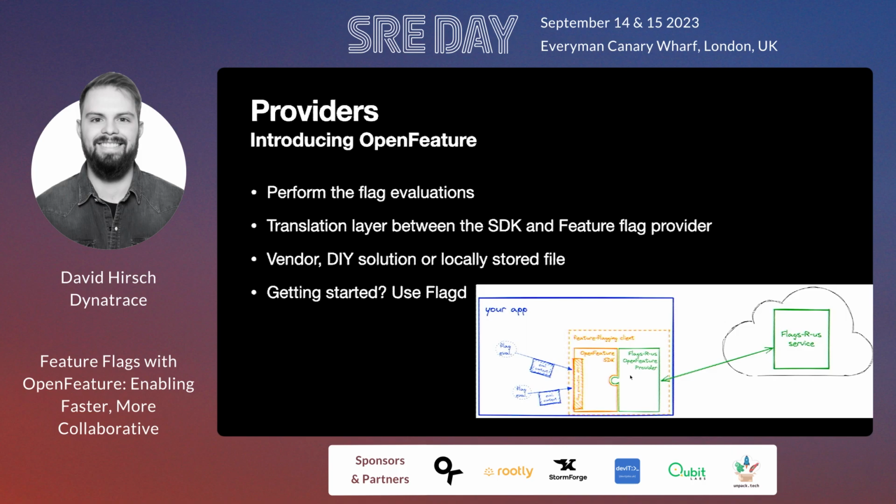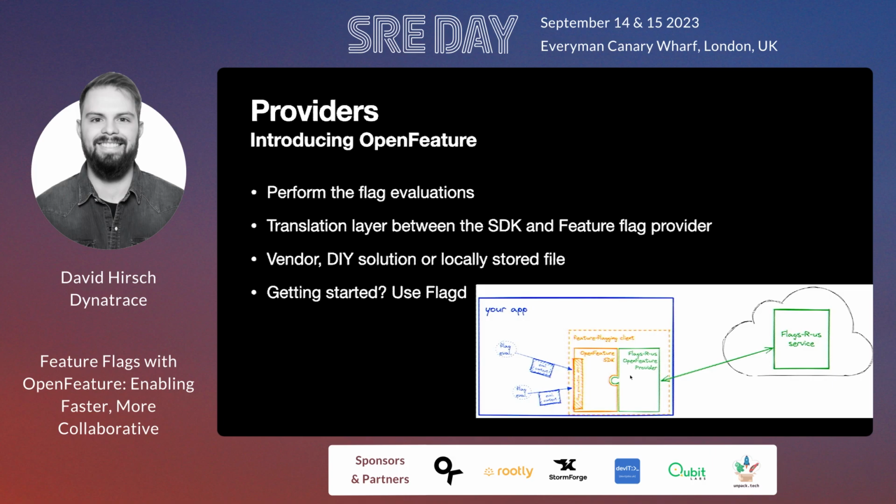You'll have one for each and every language, and also for each vendor. If you're planning on writing one for your own DIY solution, you can do this. That's what our specification is for. It provides you all the details. And you can simply add it in there and it will be a part of our ecosystem.